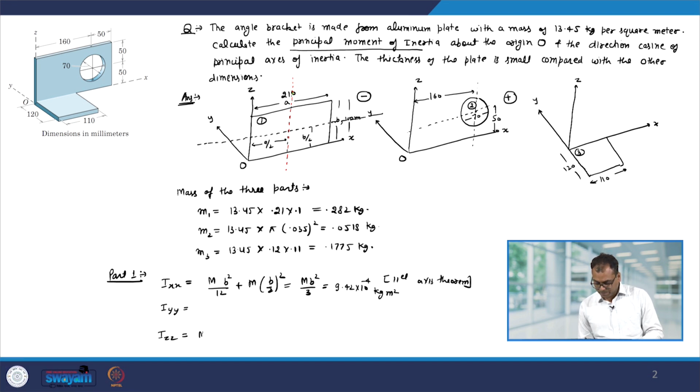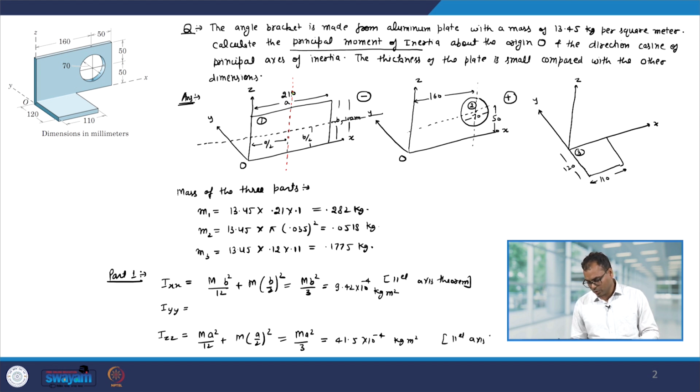So, it will be m into a square divided by 12 plus m times a by 2 square, and that is equal to m a square divided by 3. Now, again the values of m and a are known. Therefore, it comes out to be 41.5 into 10 to the power minus 4 kg meter square. Again we have used the parallel axis theorem.